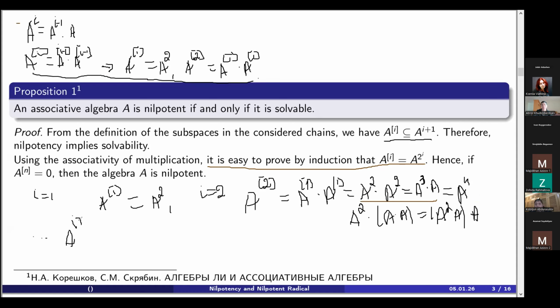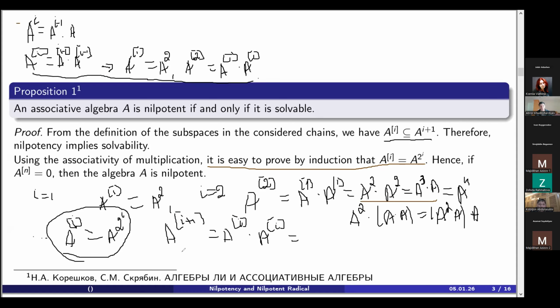Suppose a^[i] is a to the power of 2^i. Then a^[i+1], by definition, is a^[i] multiplied by a^[i]. This is by induction.